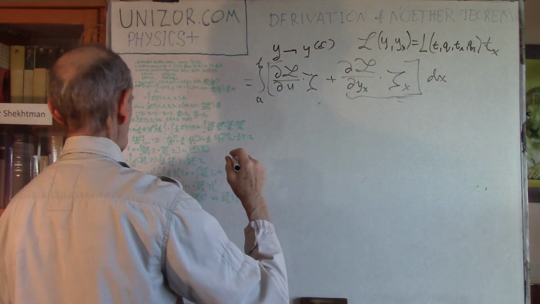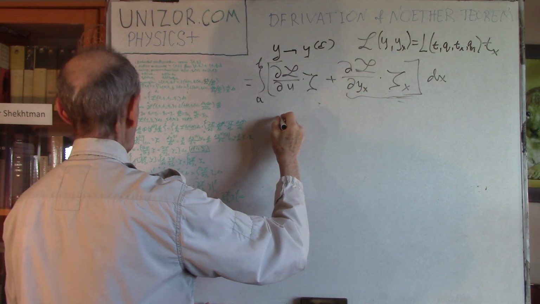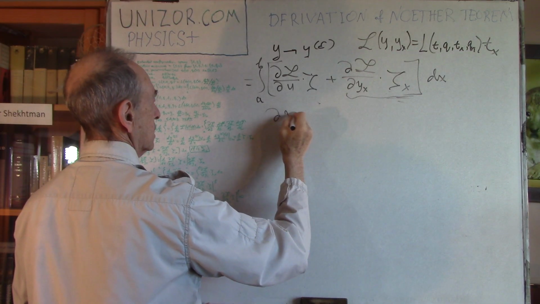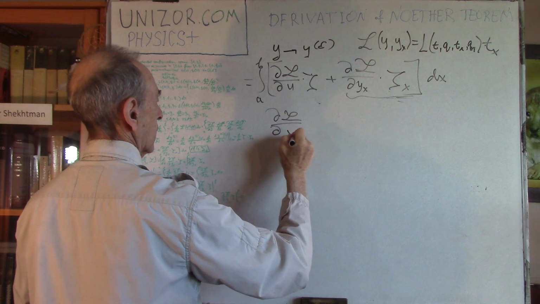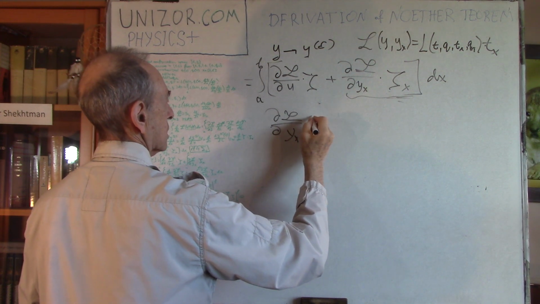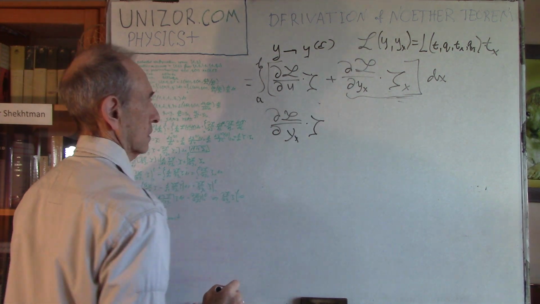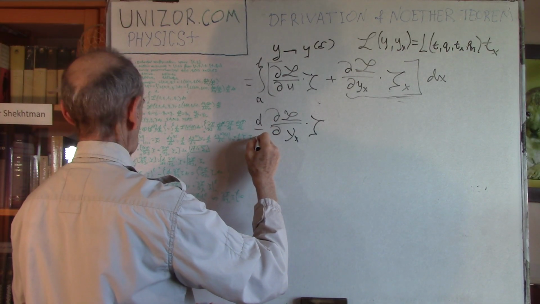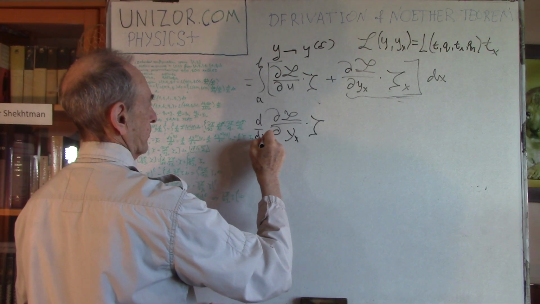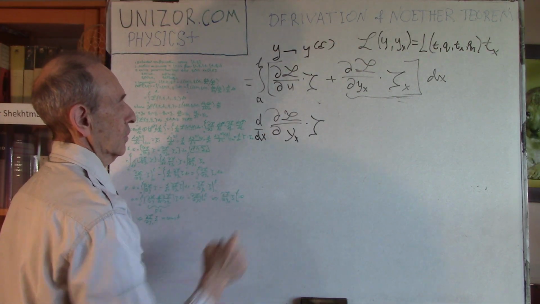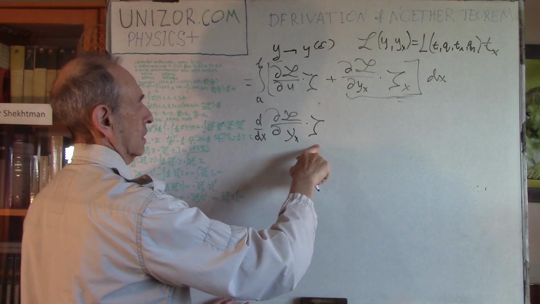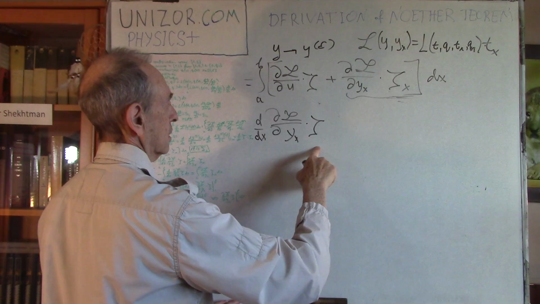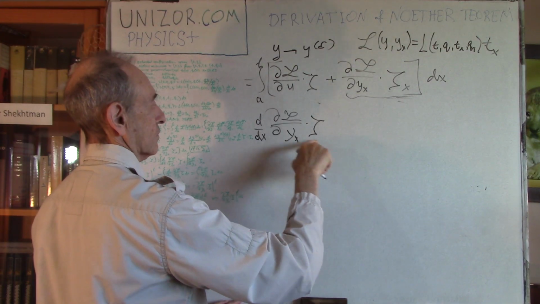So what is it? What if I have dl by dyx times zeta, just zeta, and I will differentiate it by x. What happens? Well, this is the product, so it's one times the differentiation of another plus differentiation of this by this, right?